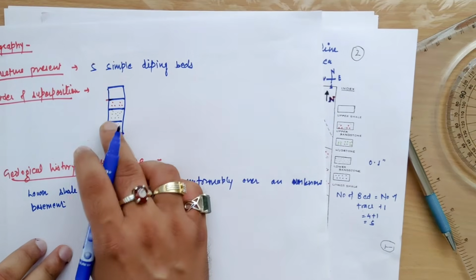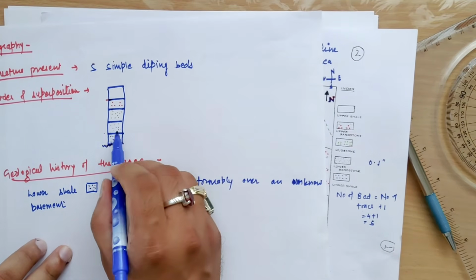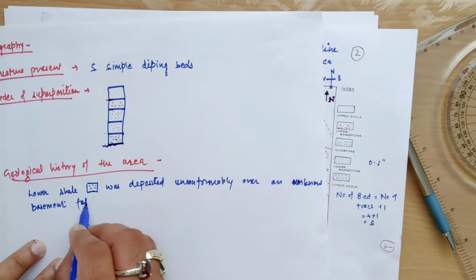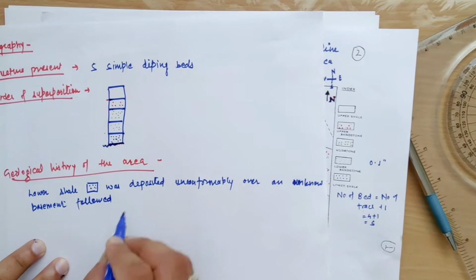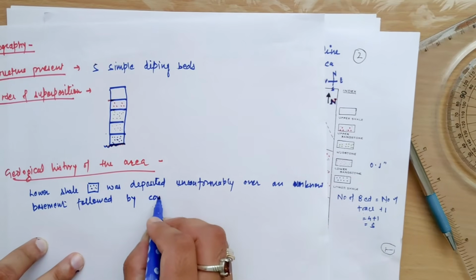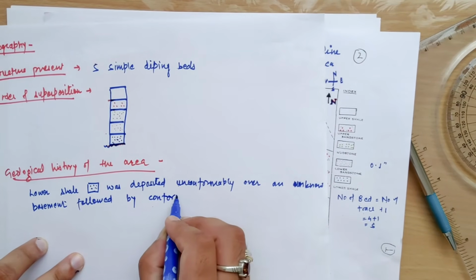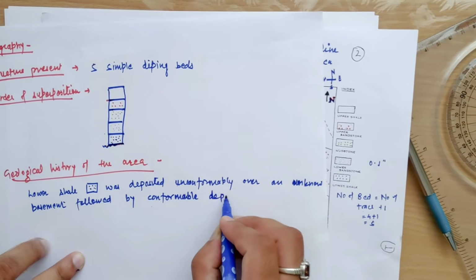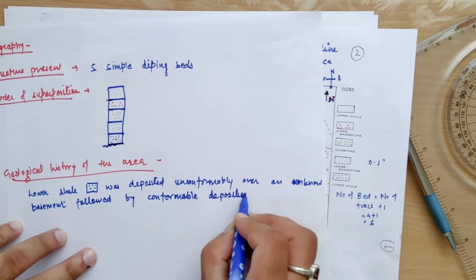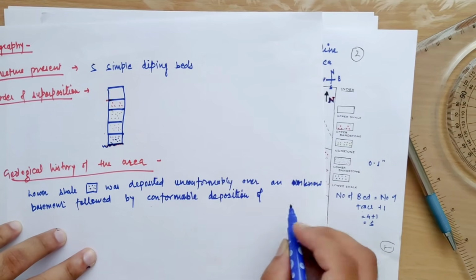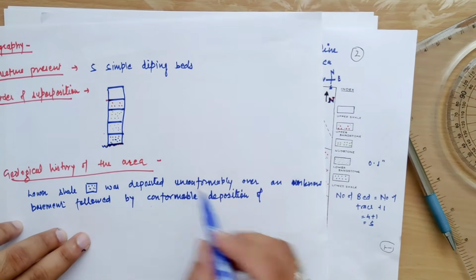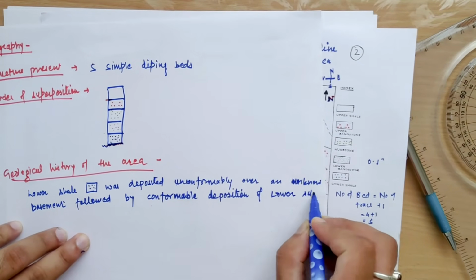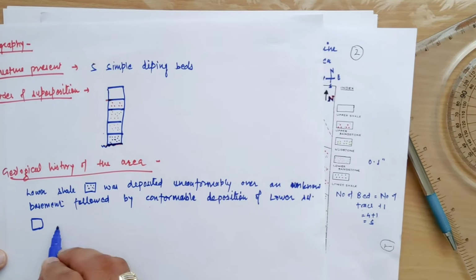Then we have conformable deposition, because we now have an idea about the basement of the other beds. So followed by conformable deposition of this lower sandstone. We'll fill the symbol for lower sandstone.